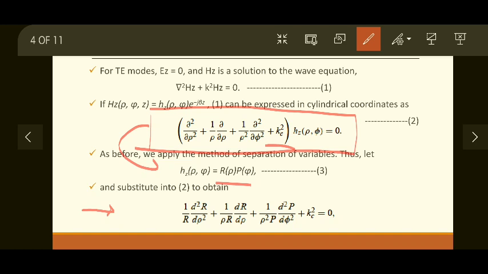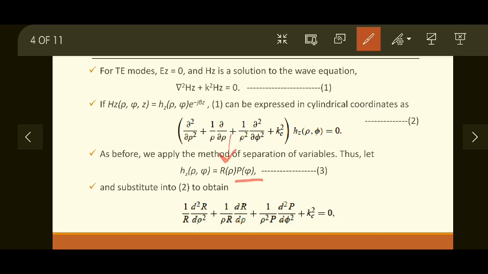Now, how do we obtain the second order derivatives with respect to rho and phi? This is simple multiplication, so apply the product rule to the second order differential equation. First make R constant and find the derivative with respect to phi. Then make P constant and find the derivative with respect to rho. If you do that, you will get this equation.